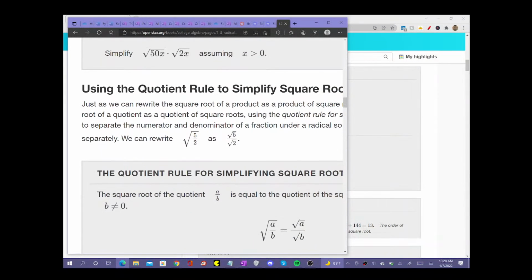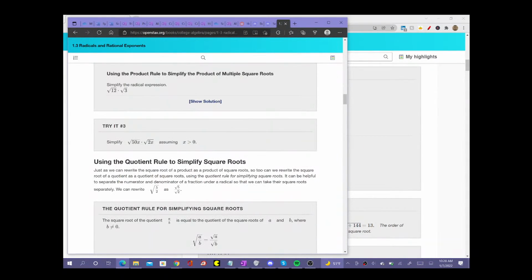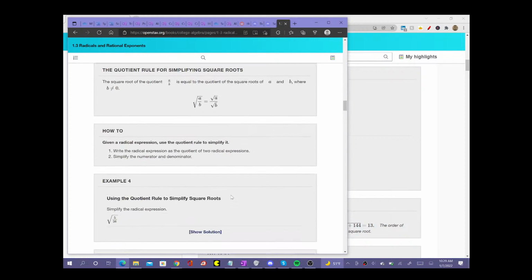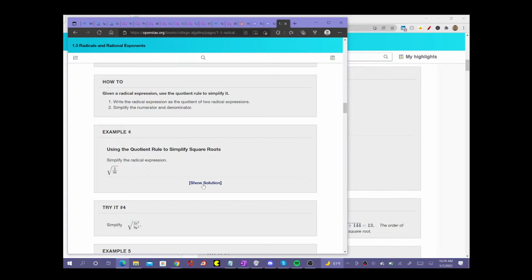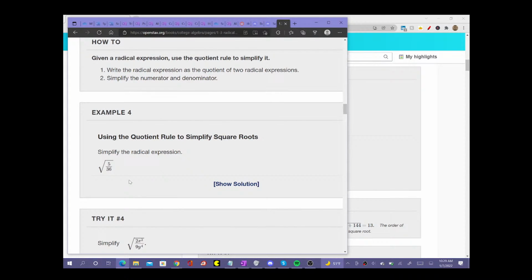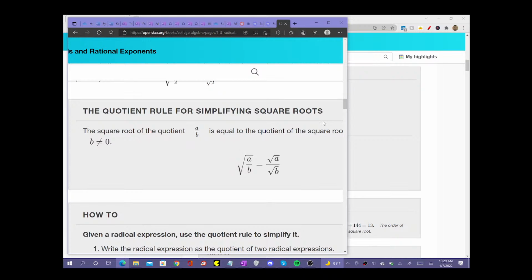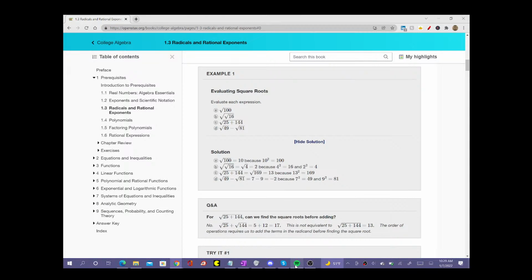So now there's something else called the quotient rule for square roots. It's the same thing as the first part.